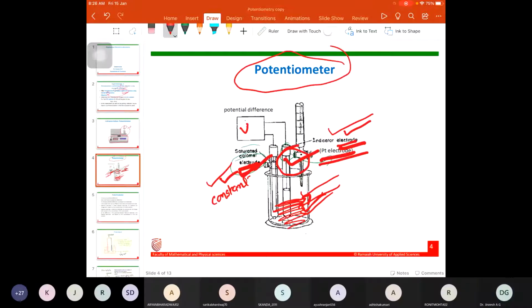Should I explain it one more time? Very important. Yes, sir. Okay, I will explain that one more time. Indicator electrode potential depends upon the concentration of the solution. Reference electrode potential does not depend upon the concentration of the solution. The difference between the potentials, that is the potential difference, will then depend upon the concentration of the solution.